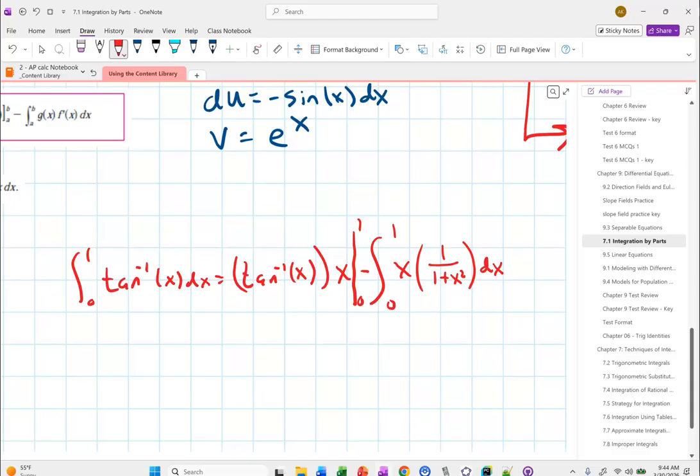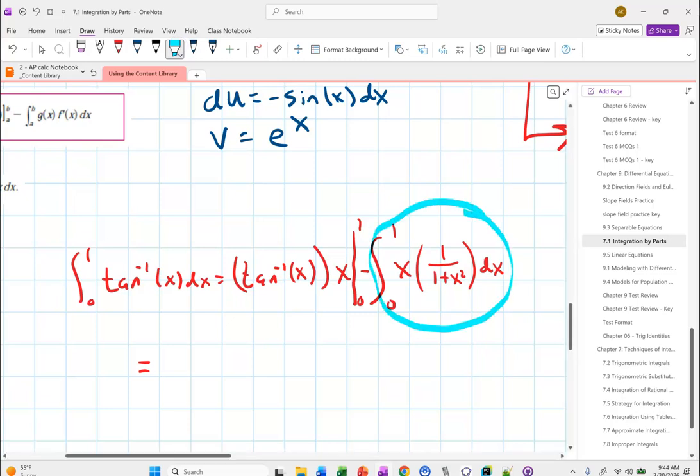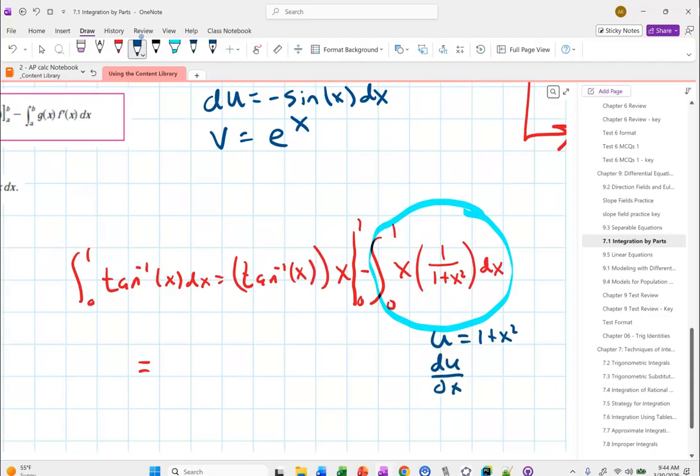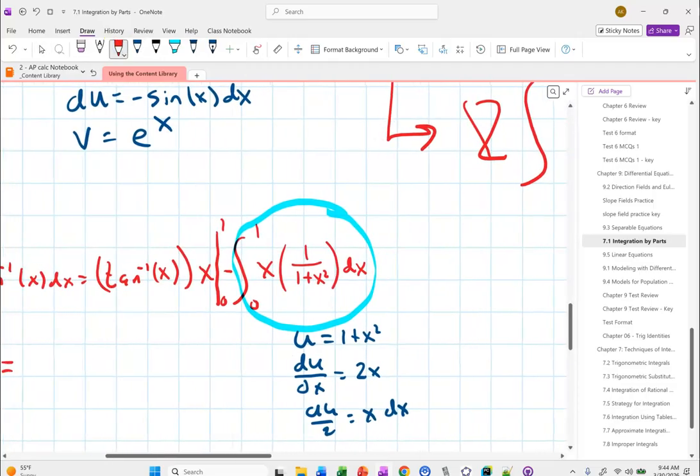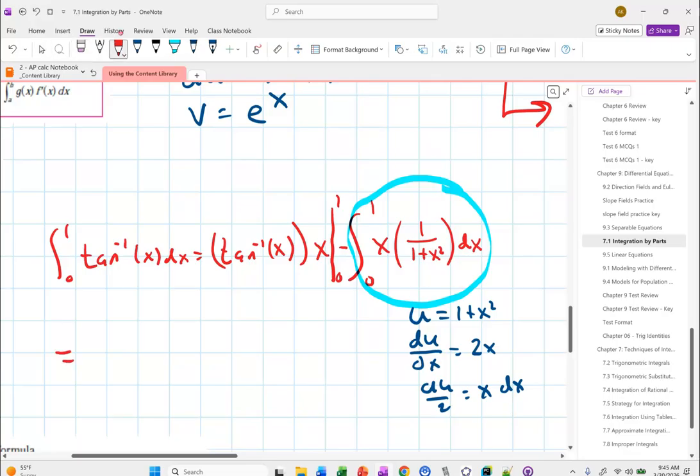Everybody's okay? All right. So how are we going to do this integral over here? So u sub. So we're going to have then, let's plug this stuff in, might as well, right?